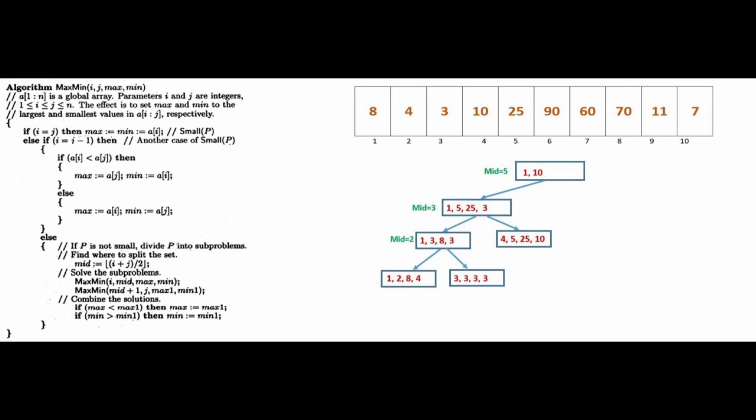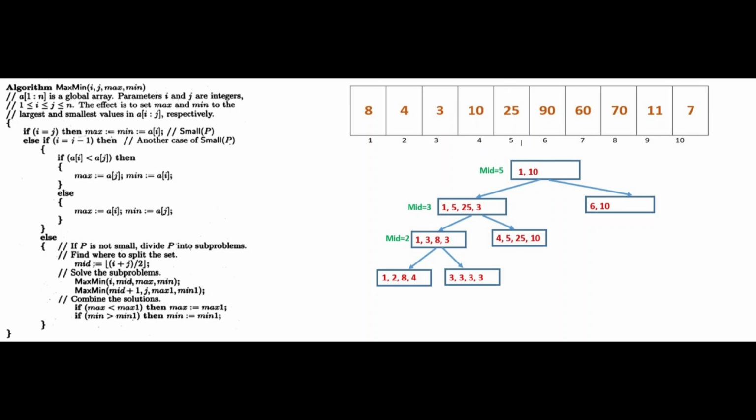So we go to the right subtree with parameters mid plus 1, that is 6, comma j, 10. Pass values 6 and 10 to the next function, that is, 6 and 10 are assigned to i and j respectively.